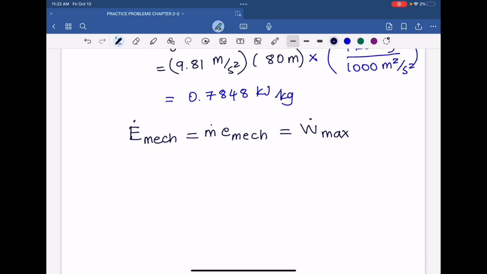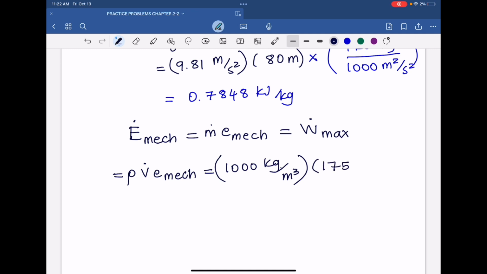And here the mass flow rate can be found from density times volumetric flow rate. Density is 1000 kilogram per meter cube. Volumetric flow rate is 175 meter cube per second.